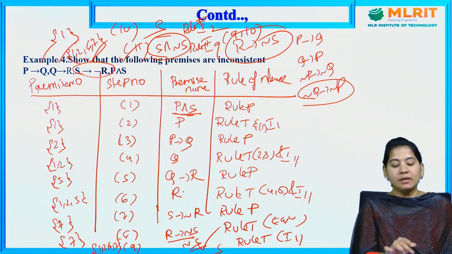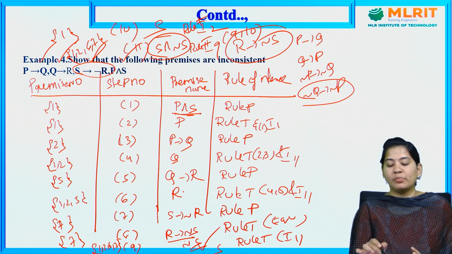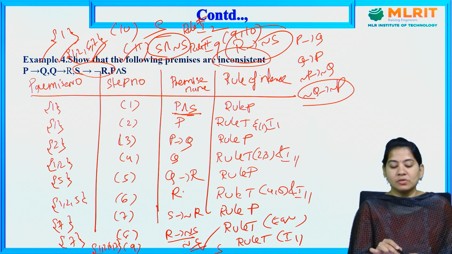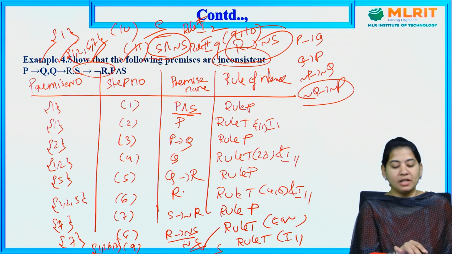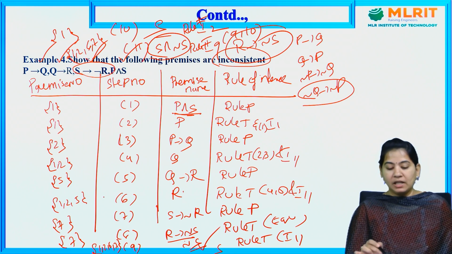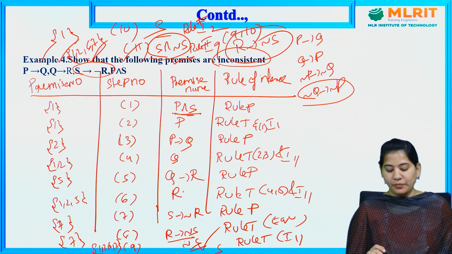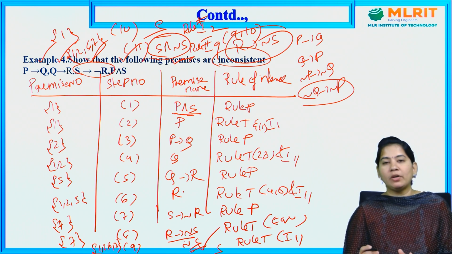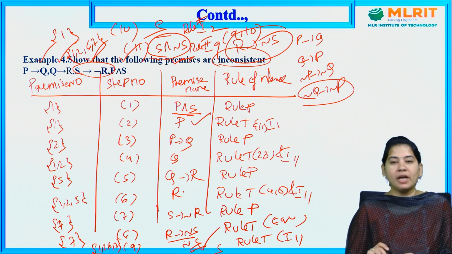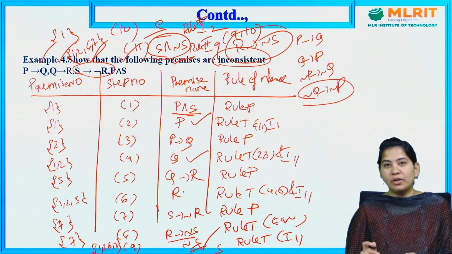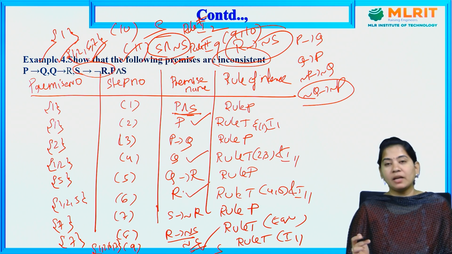So now the only difference between indirect method of proof and inconsistency is that here there is no negation with the given premises. We are solving until we get into the form of contradiction. So here I got negation S, but I don't have S. Here I have P, I don't have negation P. Here I have Q, but I don't have negation Q. I have R, negation R is not there.